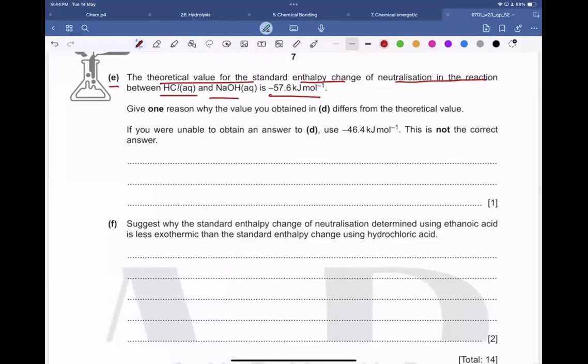Give one reason why the value you obtained in D differs from the theoretical value.